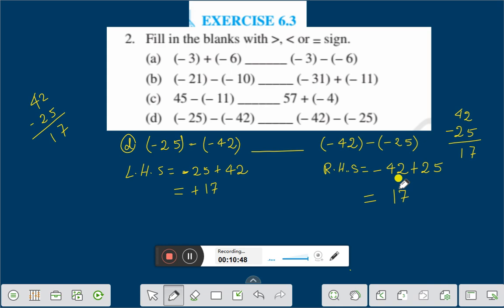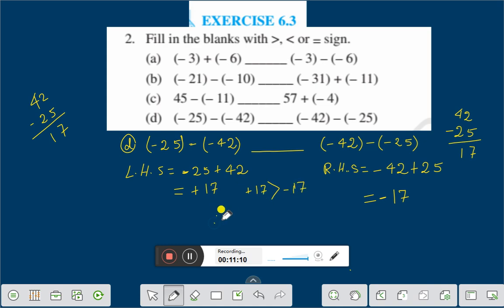Now you see here, one is 42 and the number is 25. Which one is greater? 42 is greater than 25. Therefore, the sign will be minus. Right? Now we can say that plus 17 is greater than minus 17.